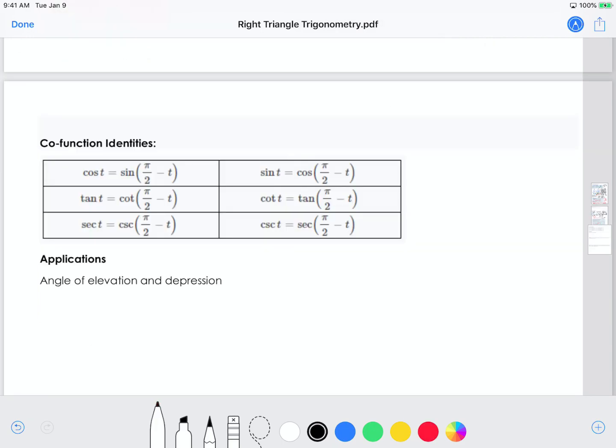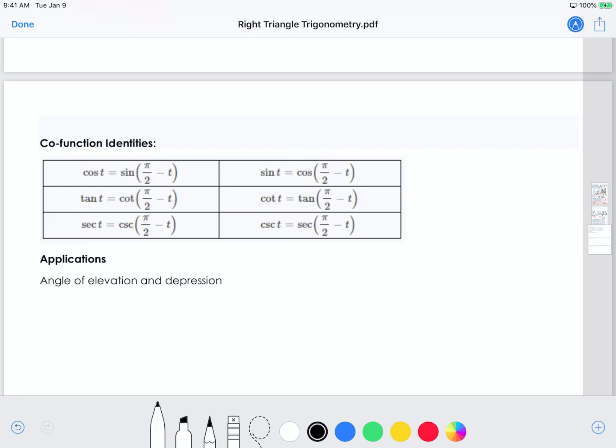Now for the cofunction identities, this is another way of showing the relationship between some of the trig functions. So there is a relationship between cosine and sine. There is a relationship between tangent and cotangent. And there is a relationship between secant and cosecant.